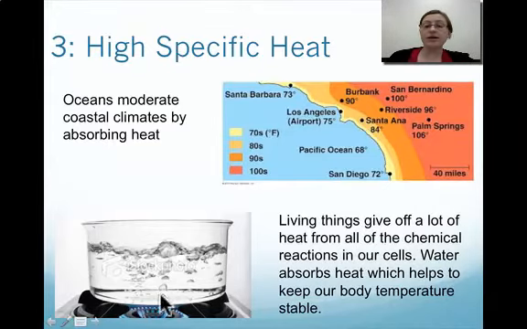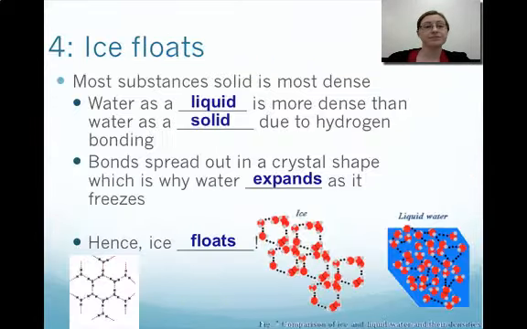So lucky for us, because we're mostly made of water, the water can absorb all of the heat from those reactions, and that helps to keep our body temperature stable. Obviously, we have other mechanisms to further control our body temperature, but the fact that our bodies are made of 70% water really helps. It keeps that temperature stable.